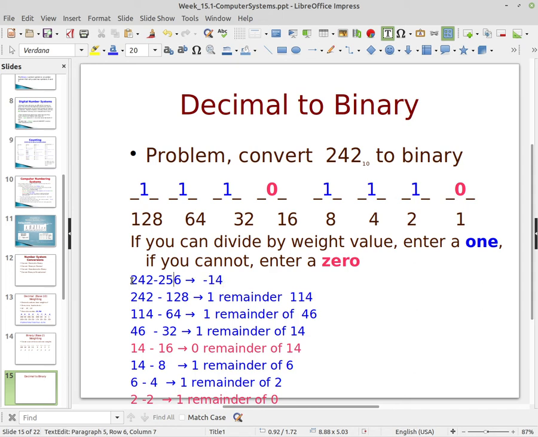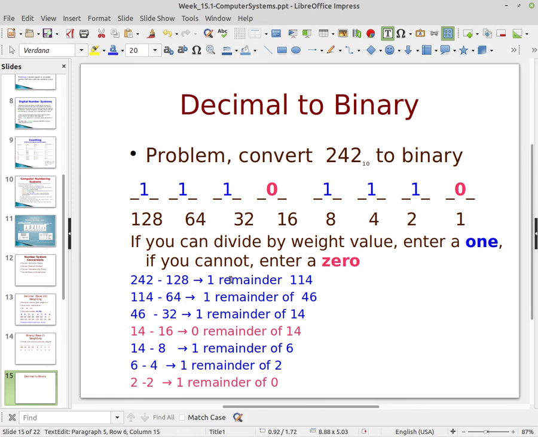All right, and so you can't really do that. So this value would not be valid, so you would put a 0 in that location. All right, and so that's what we're looking at. So we would have a 0.